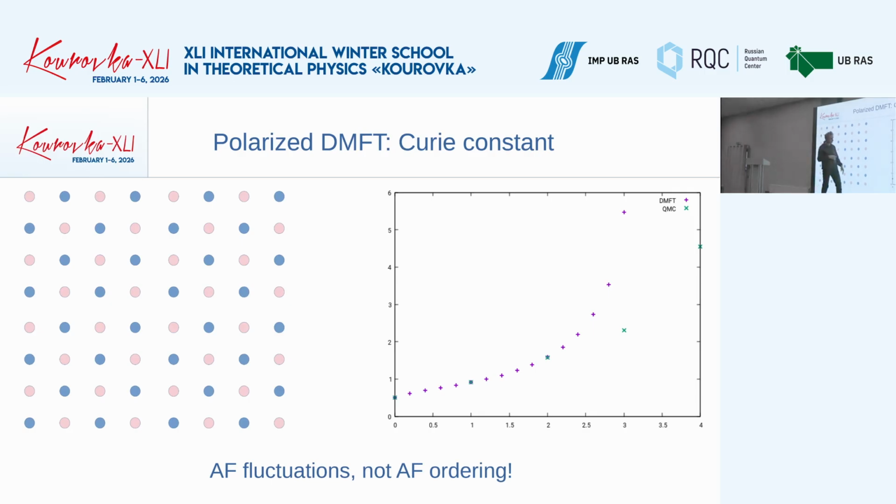This is the Curie constant, so this is the susceptibility divided by beta. So what you see is that the susceptibility indeed grows faster, and then the phase transition occurs at an inverse temperature, sorry, this is beta, and this is beta equal 3.1 or something like this. Phase transition of this.